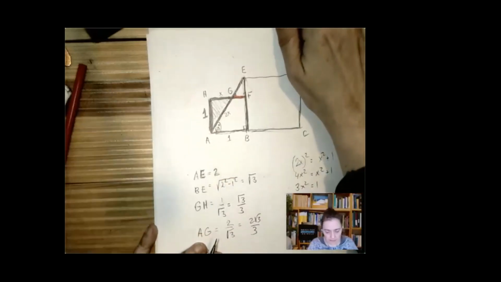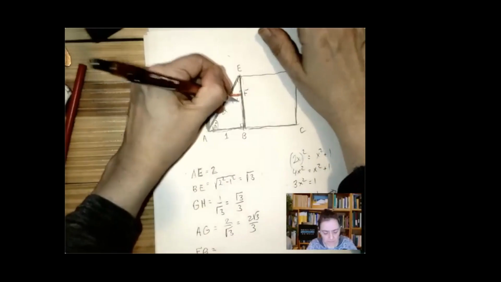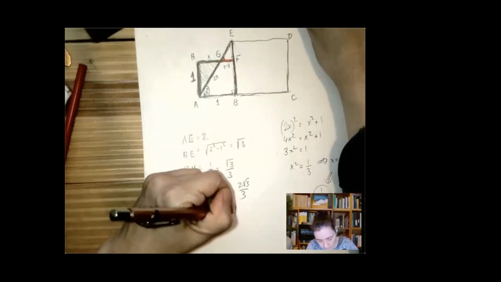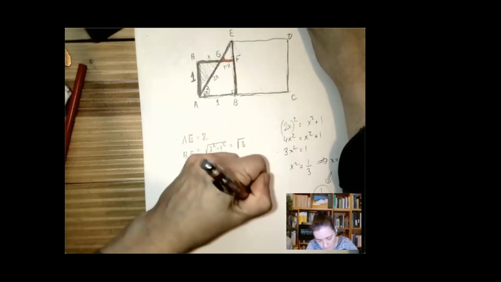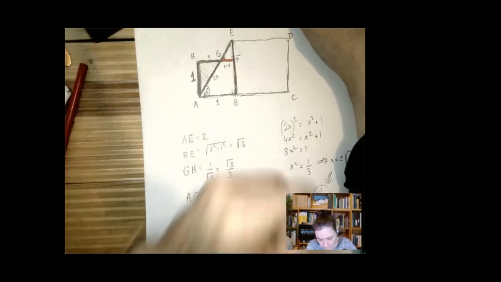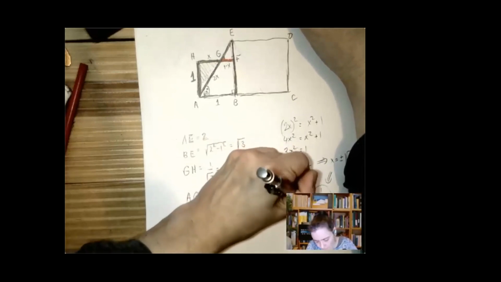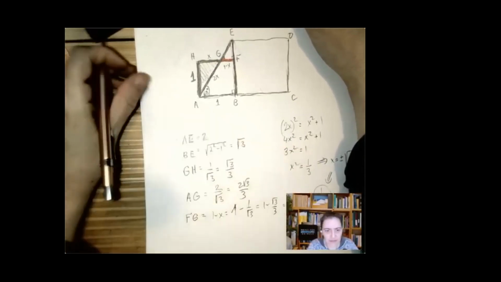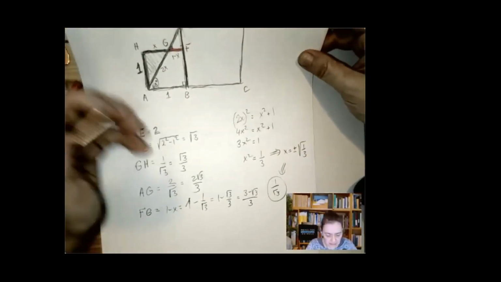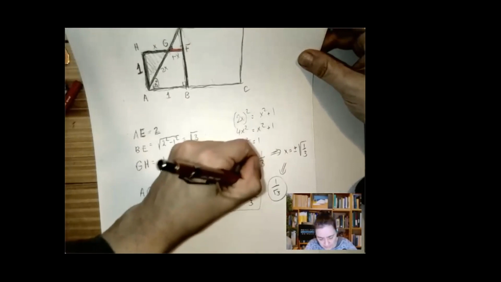So this is just 1 minus x. And that's 1 minus 1 over square root of 3, or 1 minus square root of 3 over 3, if you want to rationalize it, or 3 minus root 3 over 3, if you want to rationalize it and bring it to the common denominator. I think these are equally acceptable final answers.